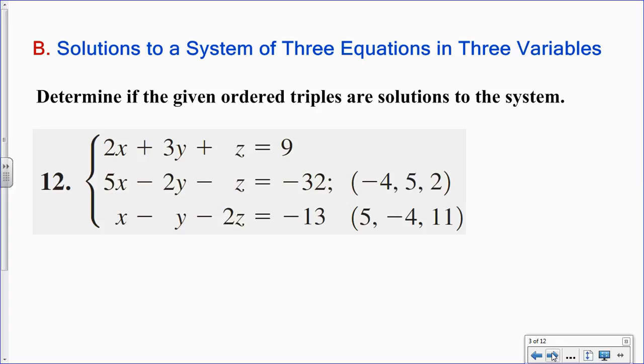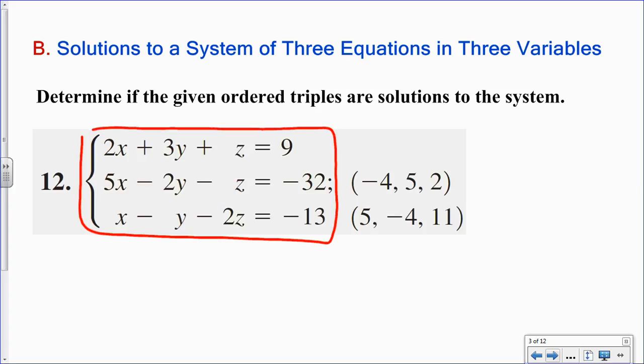Here is the system, and I'm checking each of these ordered triples. It's not saying that negative 4, 5, 2 goes with just this equation. The system is attached. I have to check these ordered triples in each equation.